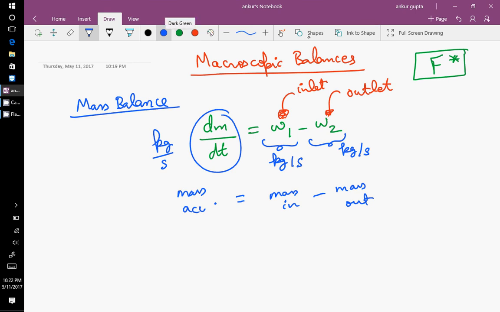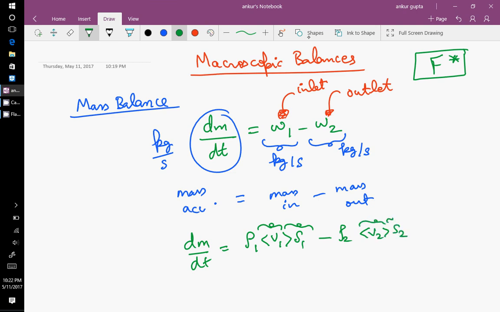And as you can recall, we have also described w1 as rho1 times V1 average times S1. So this is the cross-sectional area S1 through which this velocity is flowing, minus rho2 V2 S2.